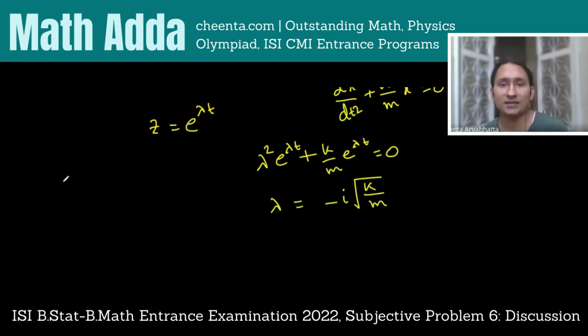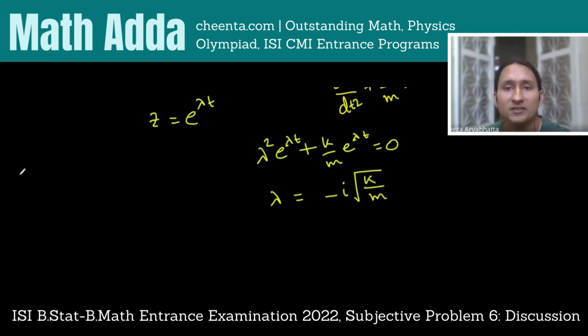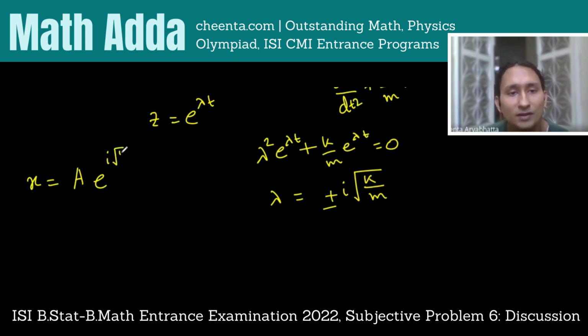Therefore, the general solution of this equation is x equal to some constant a e^(i√(k/m) t) + b e^(−i√(k/m) t).